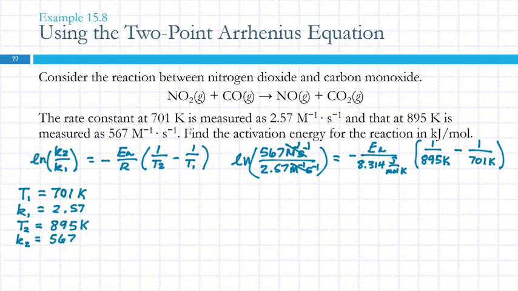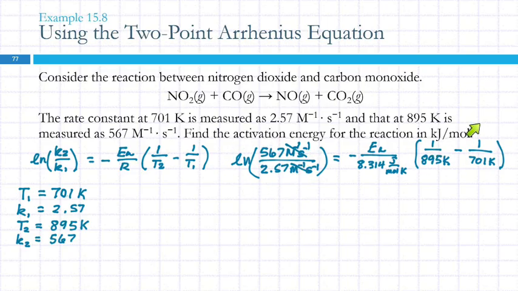In Chem 1A, I almost always recommend rearranging the equation first, solve that equation for EA, and then put the numbers in. That's not a good idea here. This equation's a mess to rearrange for EA. It can be done, but most people don't want to. And so here, I think it's a lot safer to write these numbers in, and then you can find the value of that, right?